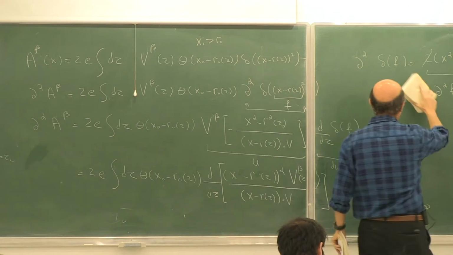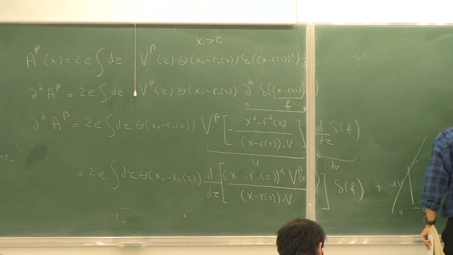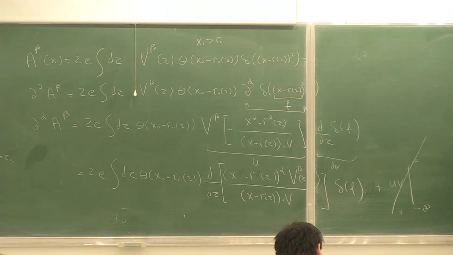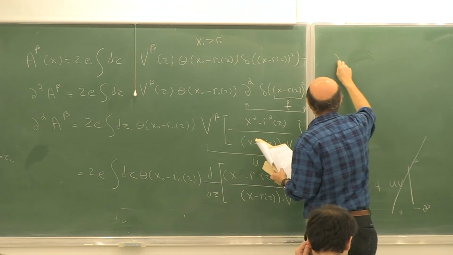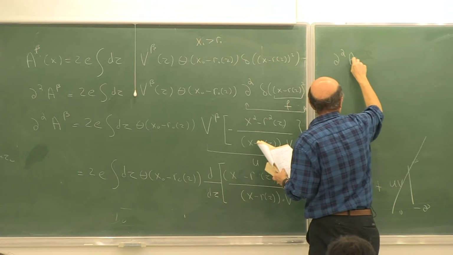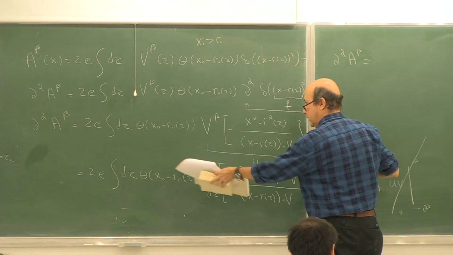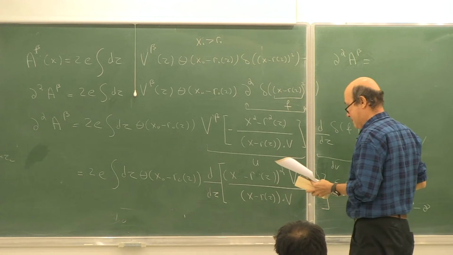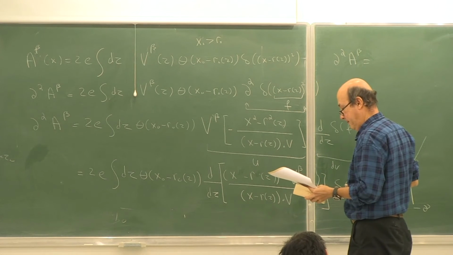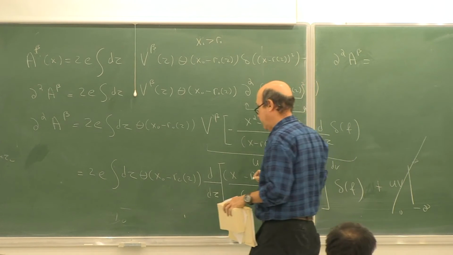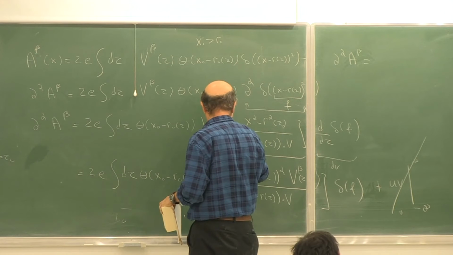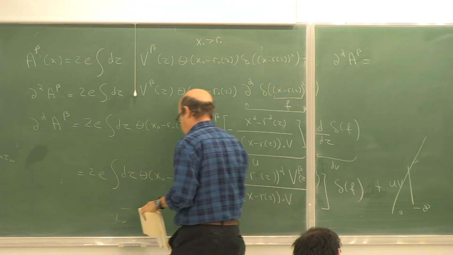So let me try to write this here again. ∂^α A^β we are trying to calculate, and here I forgot to write the factor of 2. There should be a factor of 2, that should be cancelled.